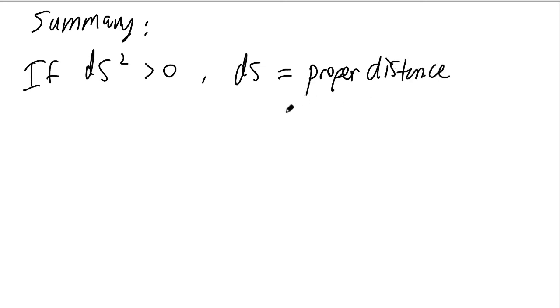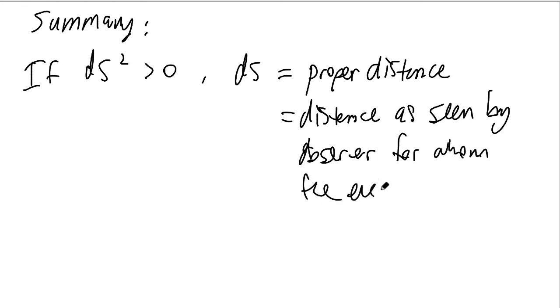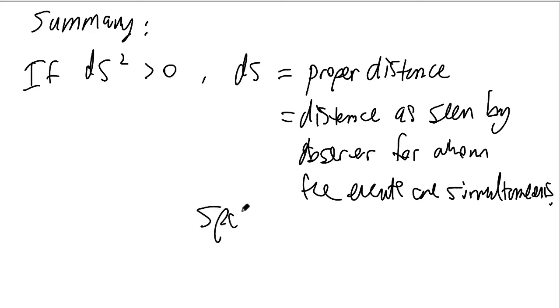So that's the distance as seen by an observer for whom the events are simultaneous. These are space-like related events.